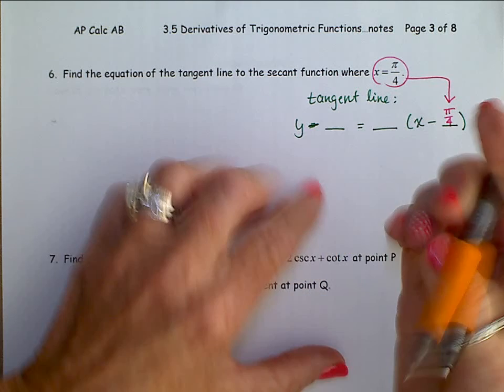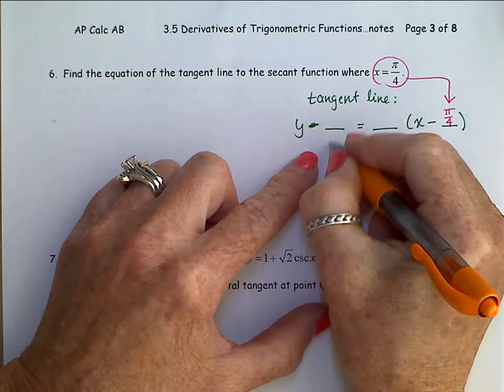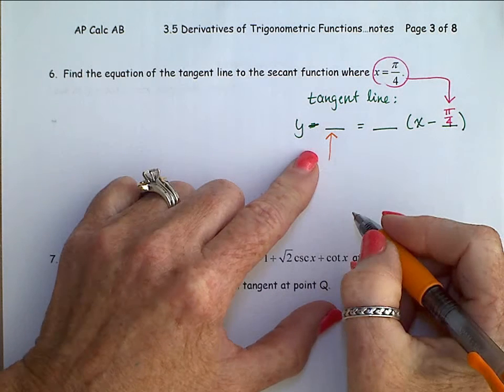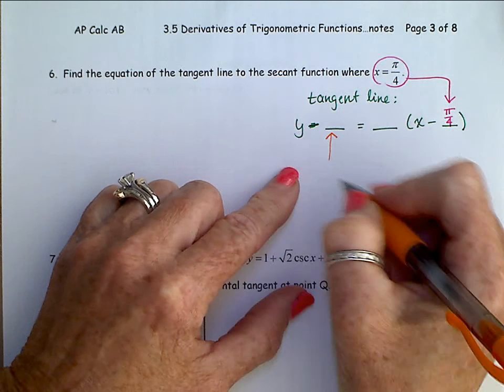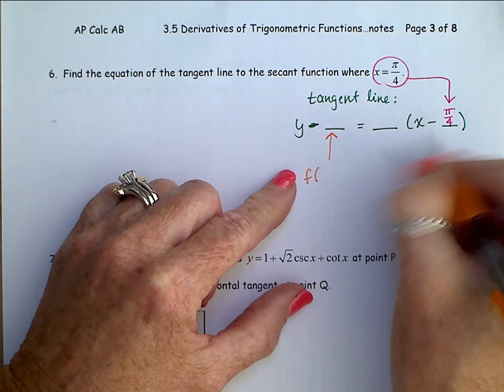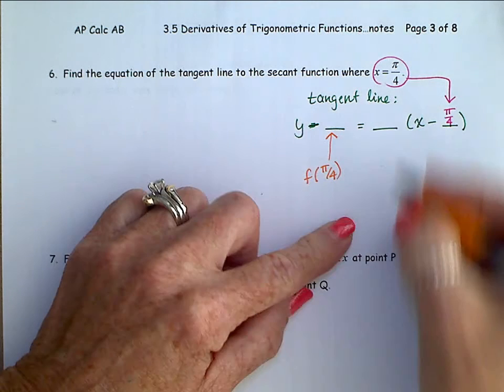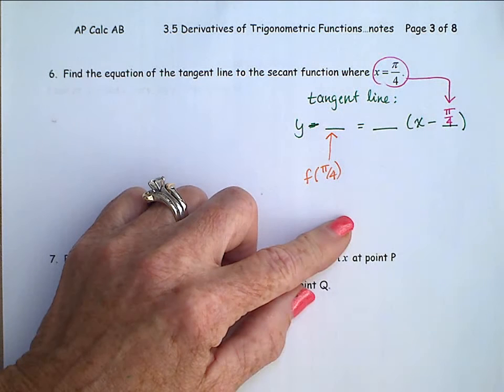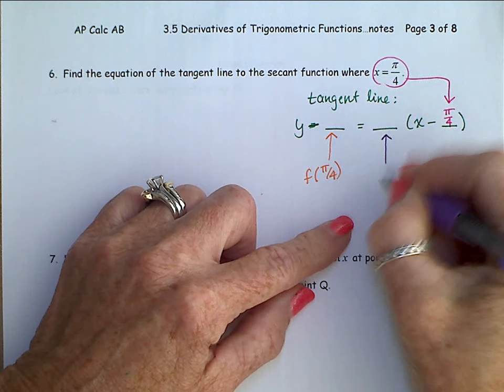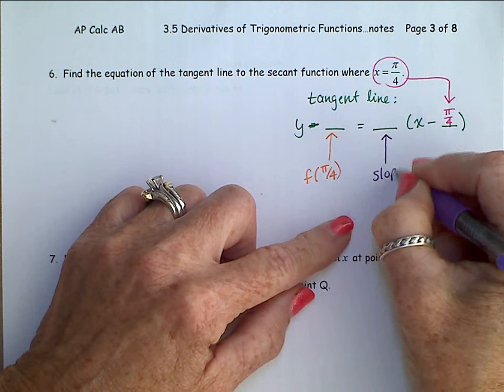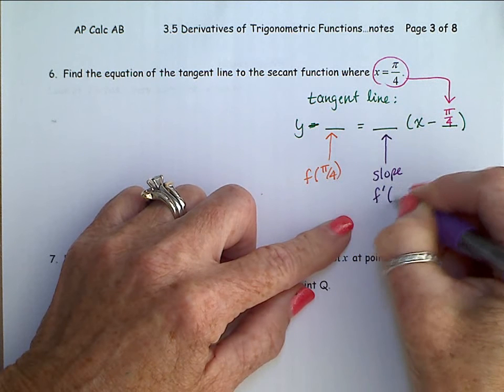Over here, that's going to be the y value of the function, or the function evaluated at that x value, so f of pi over 4. And here is slope, which is f prime at pi over 4.